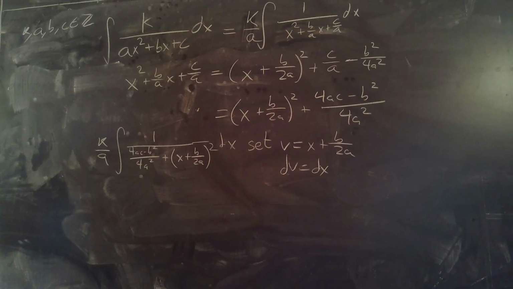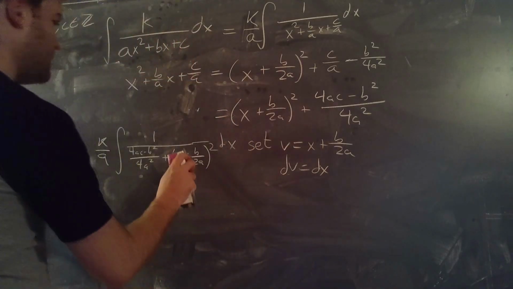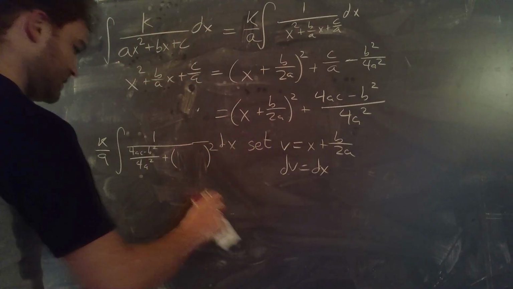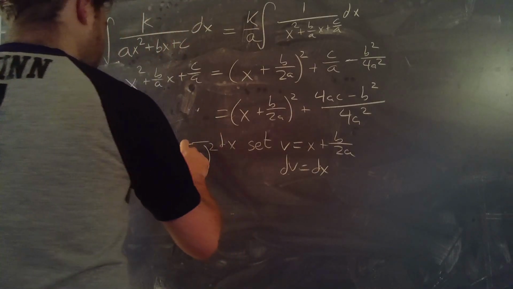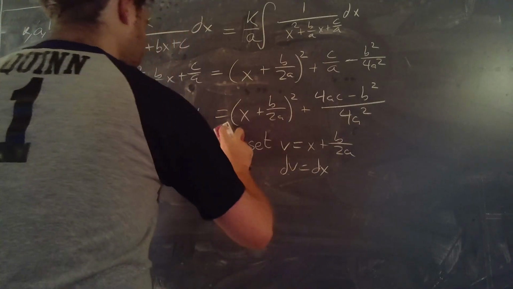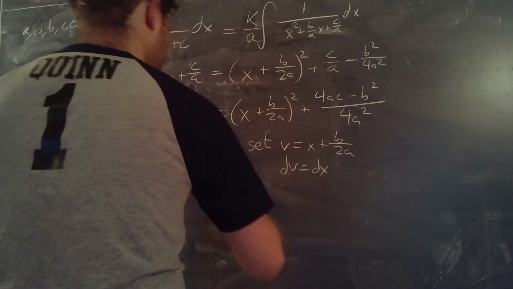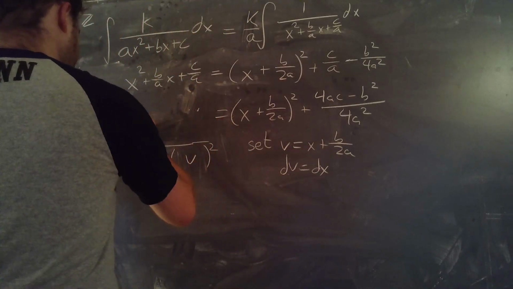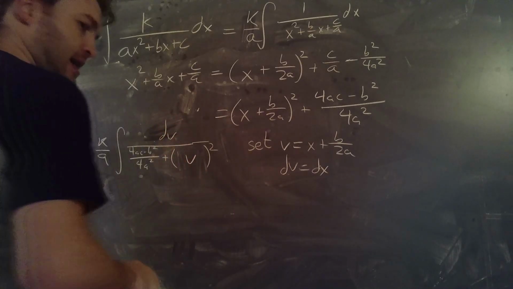So when we do this, this is going to allow us to rewrite this integrand, replacing this with v, and then replacing the dx with dv, which I will write on the integrand.